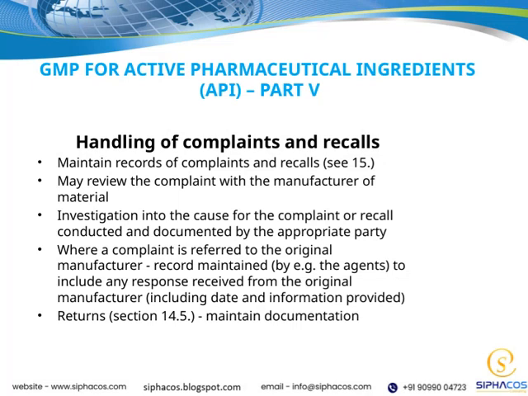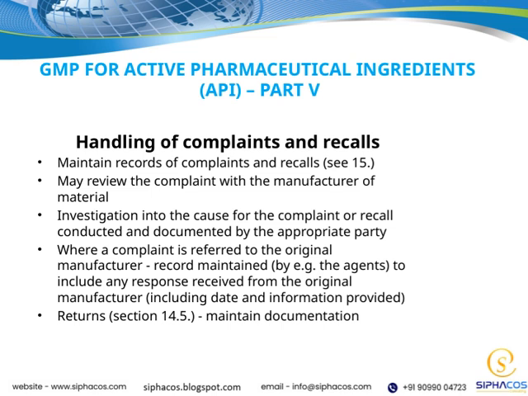Let's now discuss the handling of complaints and recalls, which is a critical part of maintaining quality and safety in our operations. First, it's essential to keep thorough records of all complaints and recalls, as referenced in Section 15. This helps us track issues over time and identify patterns.